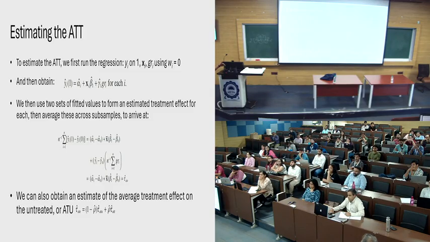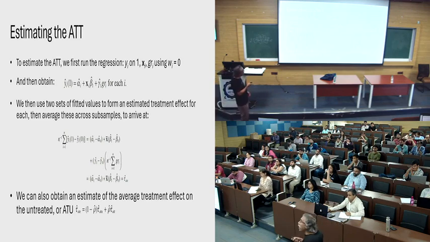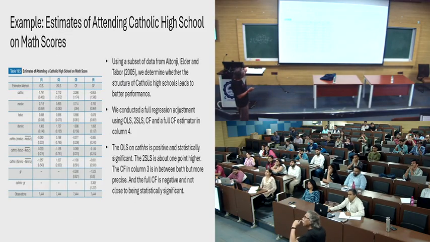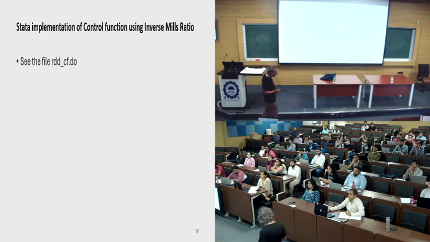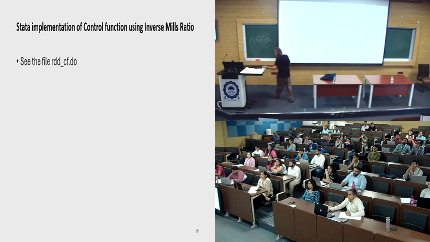So one subsample, remember, is treated, and one subsample is not treated. And I basically obtain an estimate on the untreated also in this particular way. So this is the way the ATT works here. I believe these are some results from Ulrich. I'll show you how exactly to do it in Stata. I think that would make a lot clear the way it works.